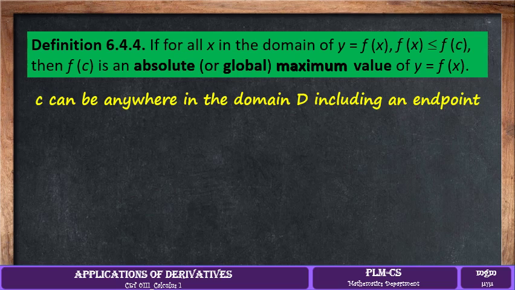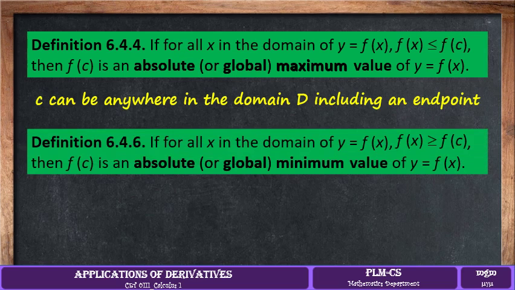Hence, if we are asked to find the absolute maximum of a function, the endpoint definitely counts. Similarly, for the following definition of absolute or global minimum, we simply swap out maximum for minimum, and f of x is less than or equal to f of c becomes f of x is greater than or equal to f of c.